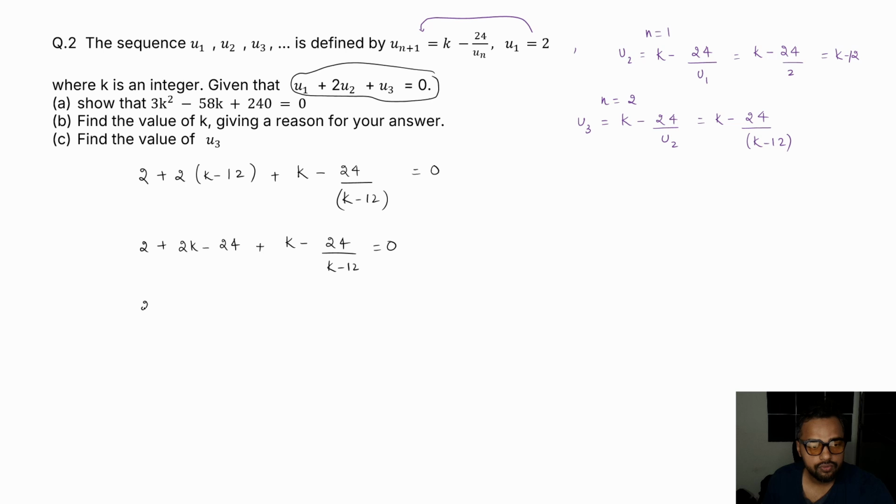Here we'll be getting 2k minus 22 plus k minus 24 upon k minus 12 equals 0. Now we'll be taking the LCM on the left hand side.